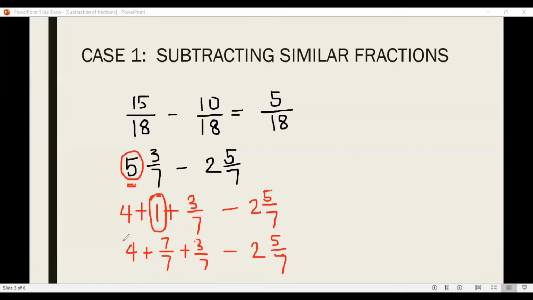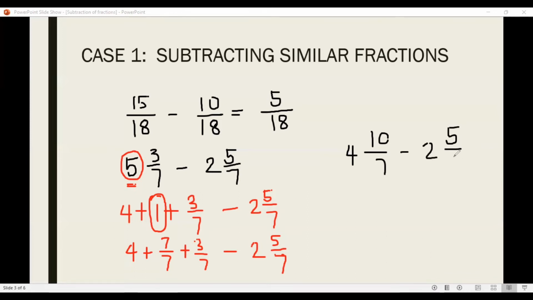Using now our knowledge on addition, we have here, of course, the 4 and the 7, and the 3 now will be added. That will become equal to 10 over 7. And we need to subtract the existing subtrahend, which is now 2 and 5 over 7.